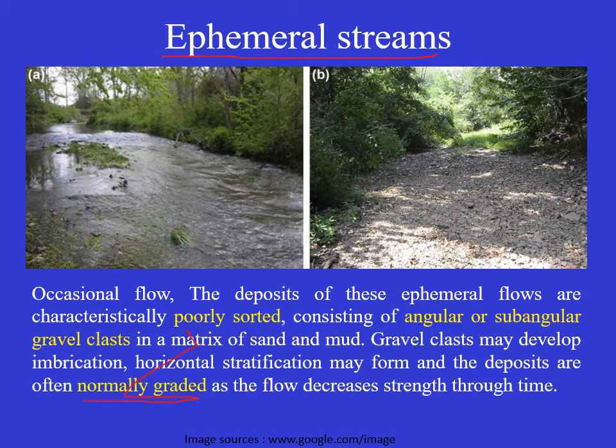So these characters are very important to identify whether the deposits are of ephemeral or perennial streams. So if someone asks you to identify the characteristic features of ephemeral streams, these are the criteria. They are poorly sorted, the deposits are angular in nature, and they often show normal graded bedding.